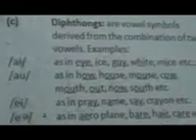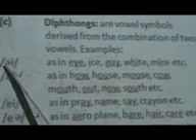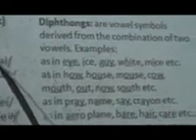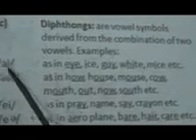Subsection C. Diphthongs. Diphthongs are vowel symbols derived from the combination of two vowels. Examples are, we have this one. Please note, two vowel sounds are combined to get the diphthong.